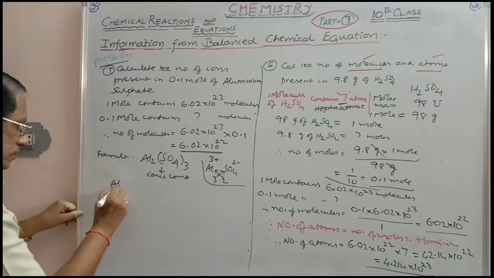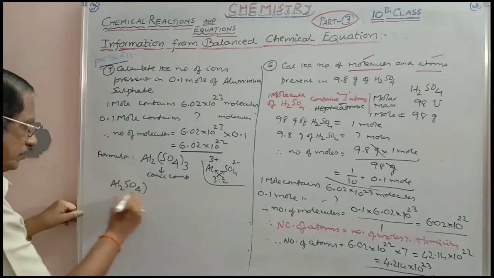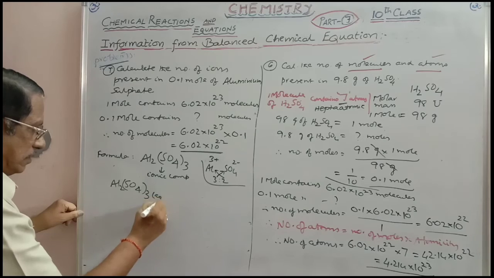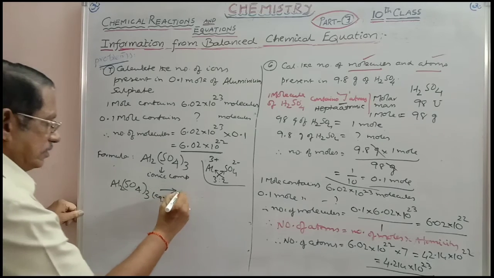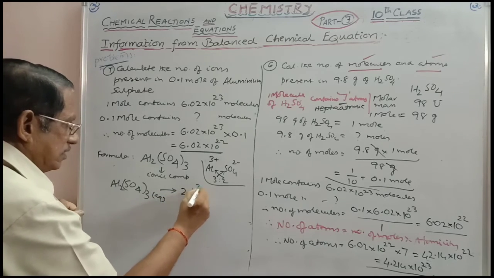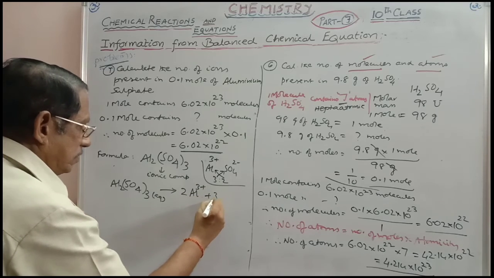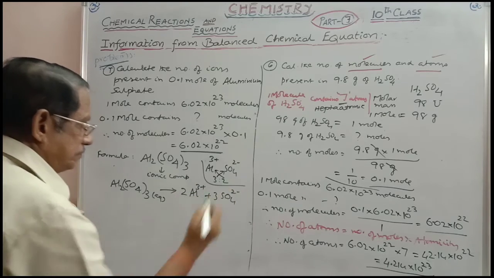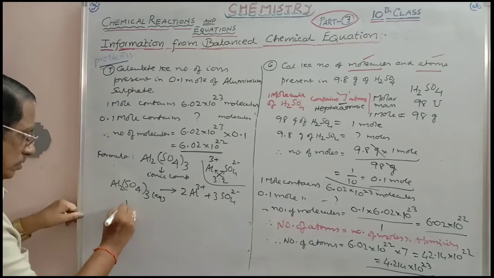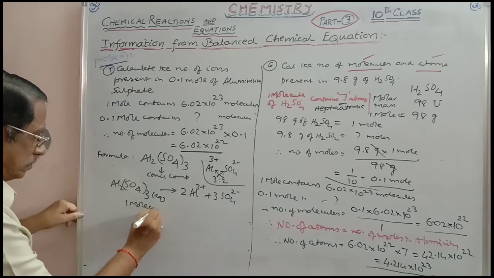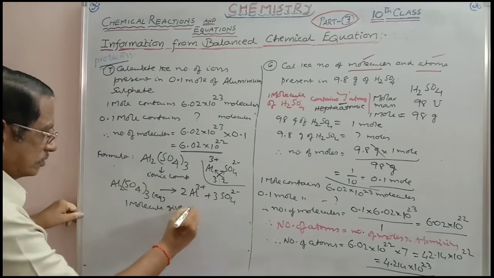So in solution, Al2(SO4)3 aqueous, if you take, it will be in the form of 2Al3+ and 3SO4 2-. That means one molecule gives totally 5 ions.